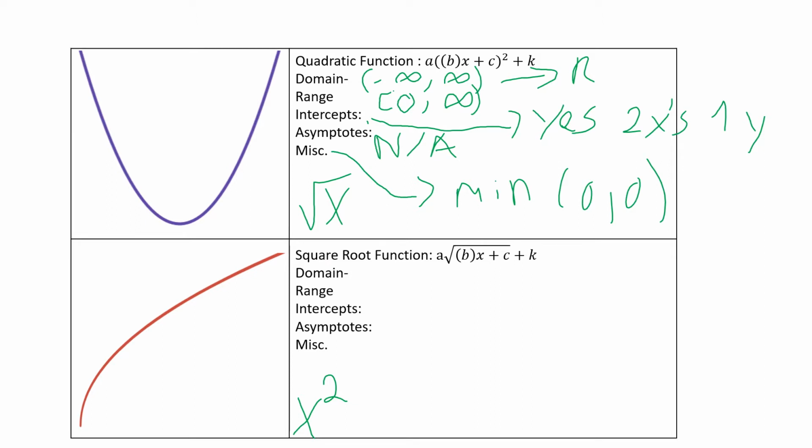So let's talk about its inverse, the square root function. Now, the domain of this, just like the range of the quadratic, is going to be with the bracket 0 to infinity. Again, ask yourself, why am I doing that with the bracket? Well, now I could tell you.